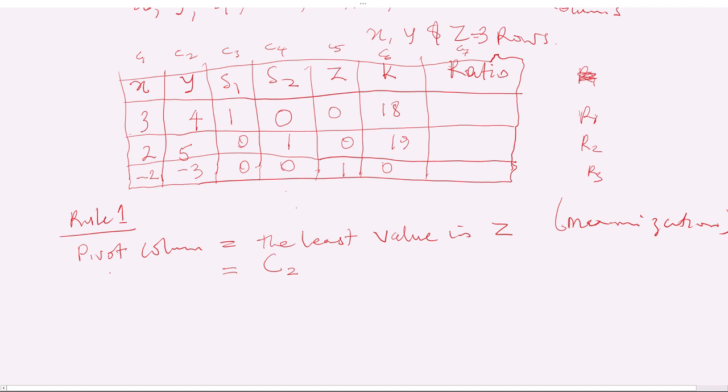If that is the case, then we have to divide the value of the constant by the values in the pivot column. So the ratio equals k over the value in the pivot column.